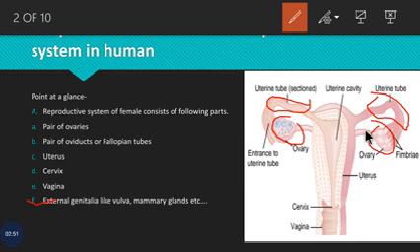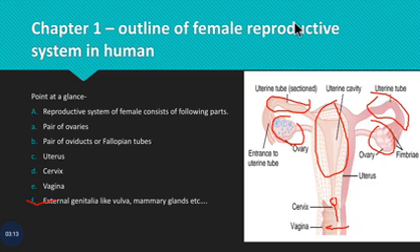These are in pairs. The uterus is the middle part of this reproductive system, followed by the cervix, and the last important region, the external genitalia. It consists of the vulva, vagina and the mammary glands, right? We are going to the next slide.